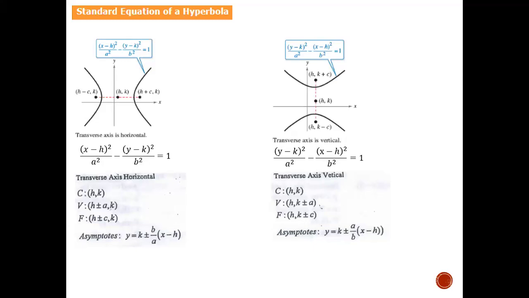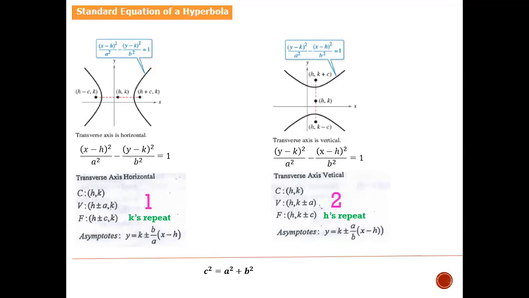Again, they're giving us a formula to find the asymptotes. Here, on our horizontal transverse axis, the K's repeat. For the vertical transverse axis, the H's repeat. We're going to call this one 1 and this one 2.